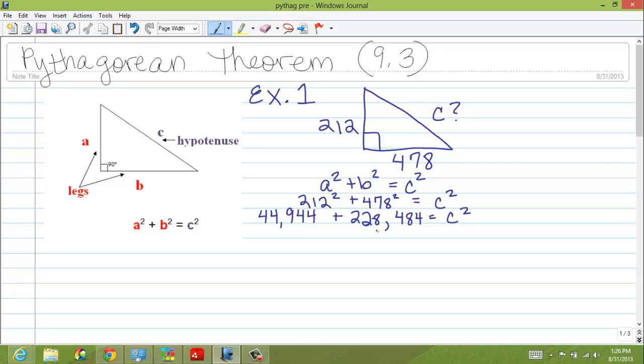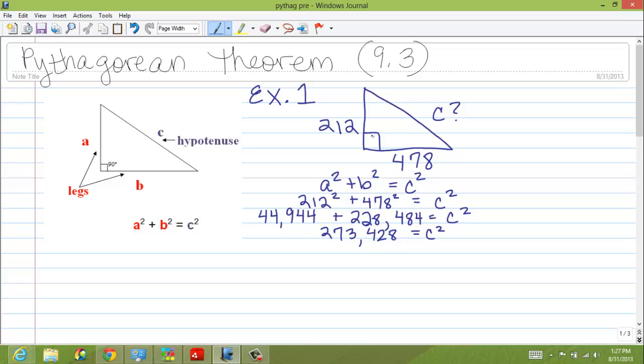Now we add them together, and we'll get 273,428, that is c squared. Sorry about that.